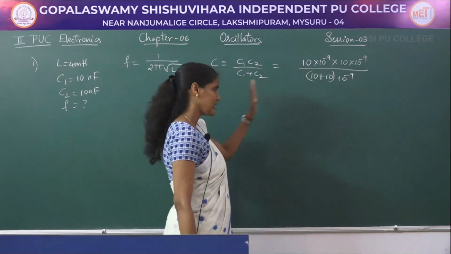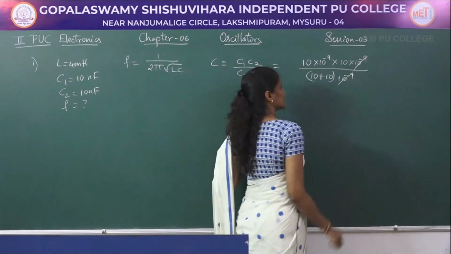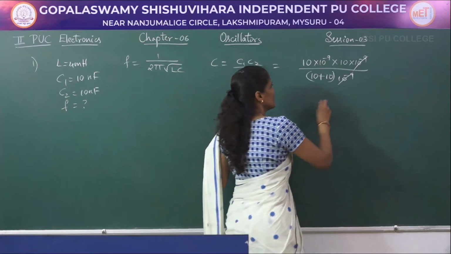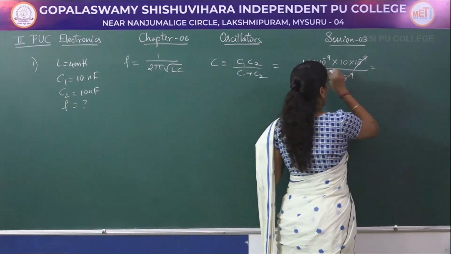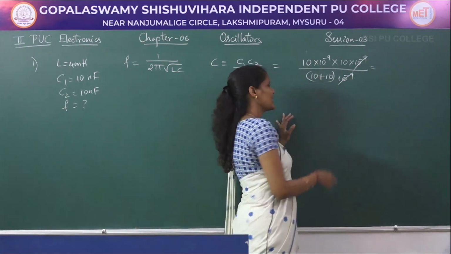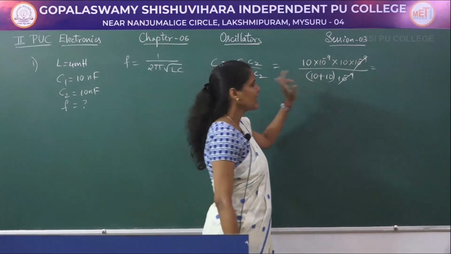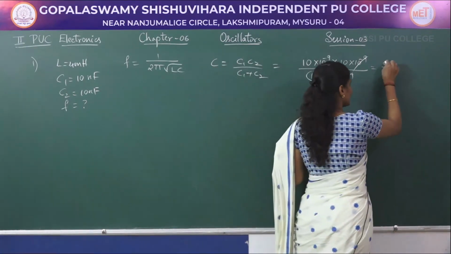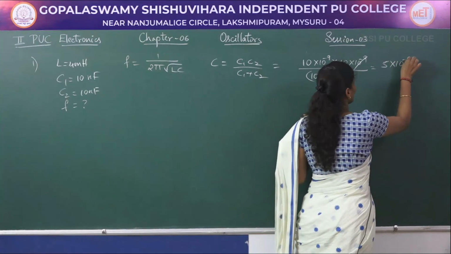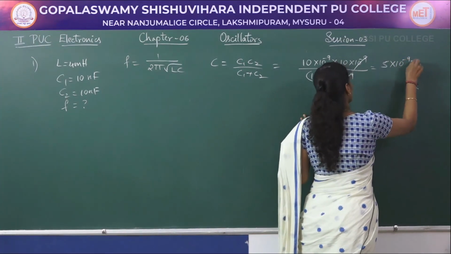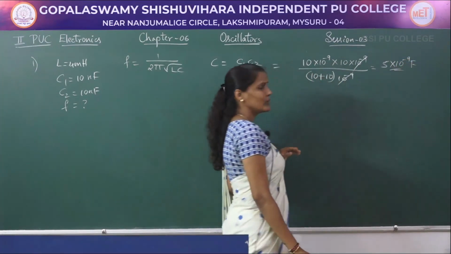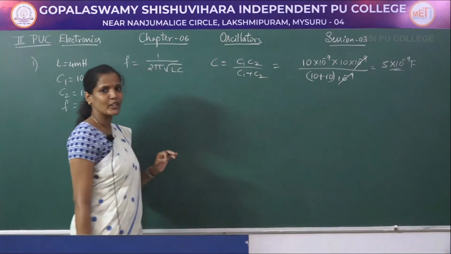I have written it in common. 10 power minus 9, 10 power minus 9 cancel again. So it is equal to 100 into 10 to the power of minus 9 divided by 20. So let me simplify and write it. It is equal to 5 into 10 to the power of minus 9 farad. So C value is equal to 5 nanofarad.